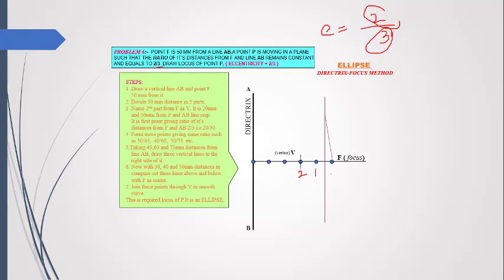Now draw a line anywhere on the left side of the focus. Take it as 30 millimeter, and this one is 45 millimeter. Again draw another line, and in the same manner draw the other lines.